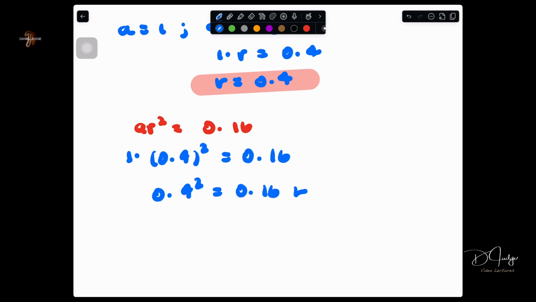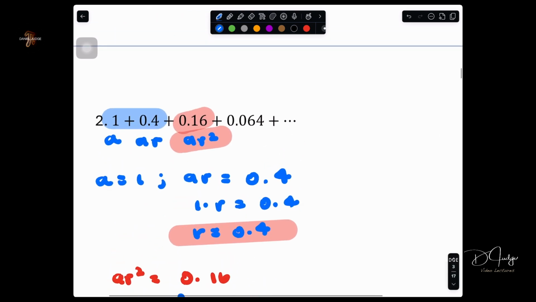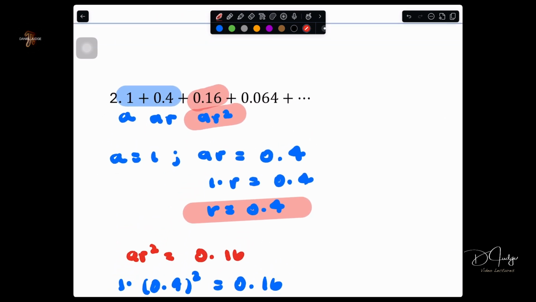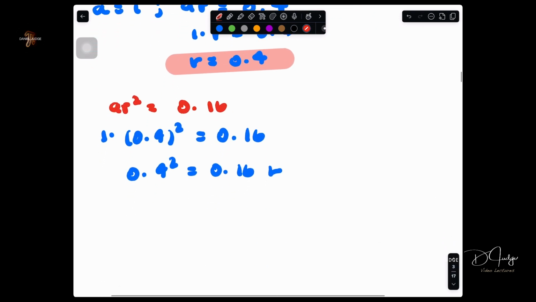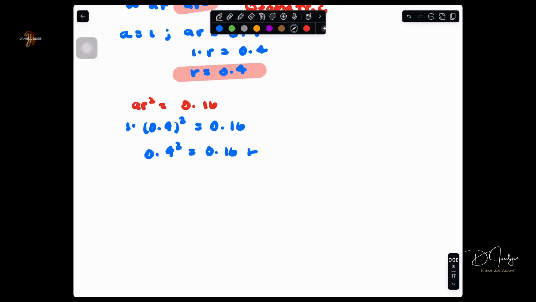So 0.4 to the second power is 0.16. This means we, in fact, have a geometric series here. The series is geometric. Now, the absolute value of r is less than 1, which means the absolute value of 0.4, which is 0.4, is in fact smaller than 1.